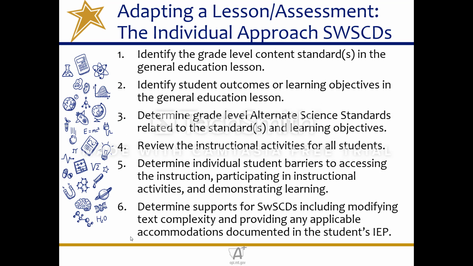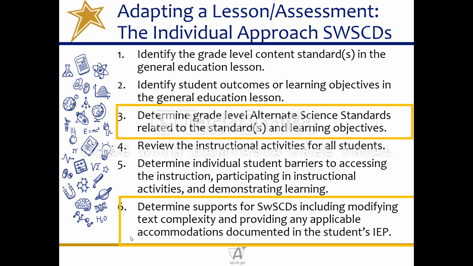Here's an example of how to adapt a lesson or assessment for students with significant cognitive disabilities. I'll go ahead and recommend that you pause this video and read through those really quickly. I've highlighted the differences between the accommodated planning and the modified planning.